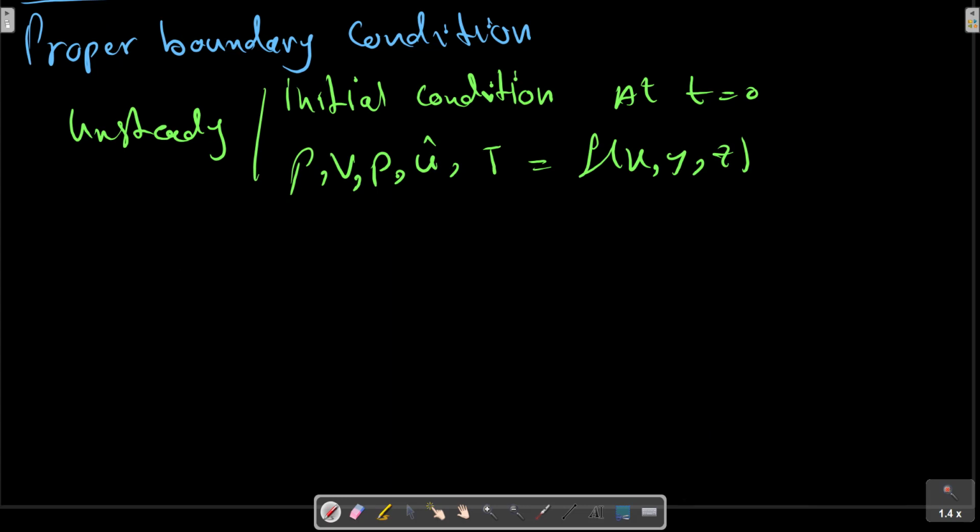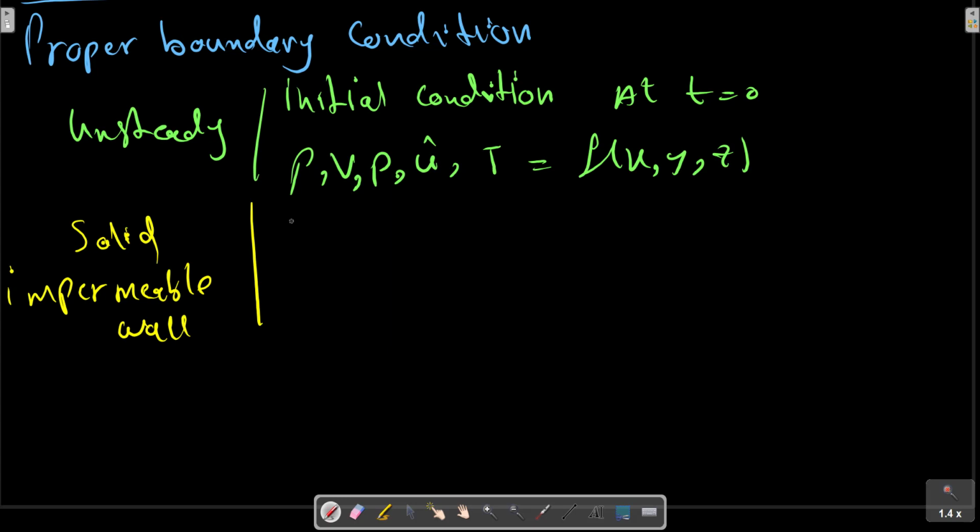The second boundary condition is for a solid impermeable wall. There is no slip and no temperature jump in a viscous heat conducting flow.